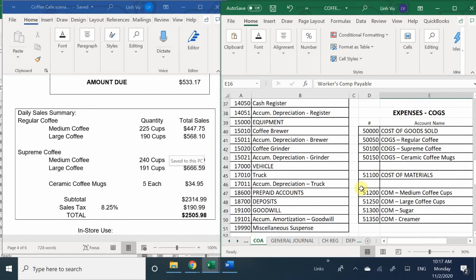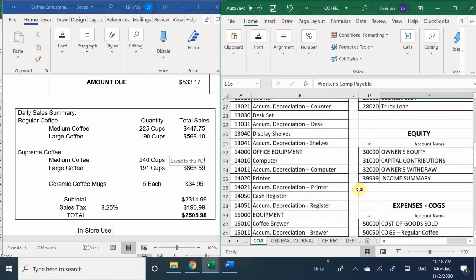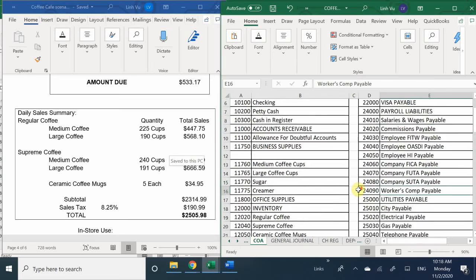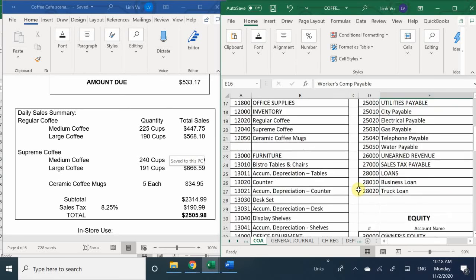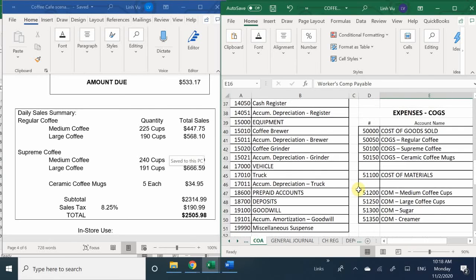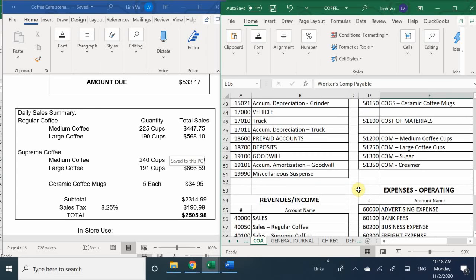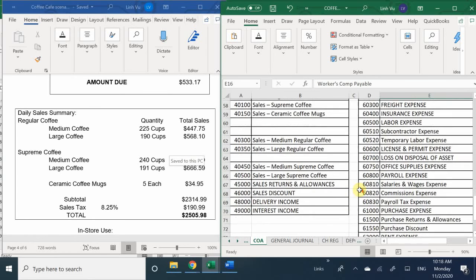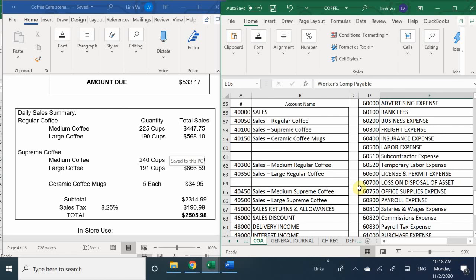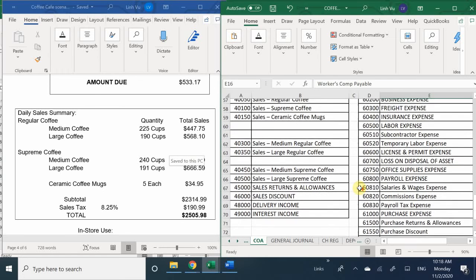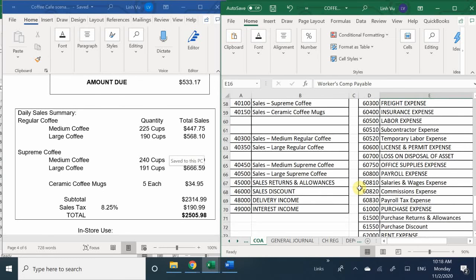All right, now I'm going to go to sales. What type of account is our sales? Our revenue. Yes, so here you go. Sales for medium regular coffee is 4,300. Okay, what about large regular coffee? 4,350.